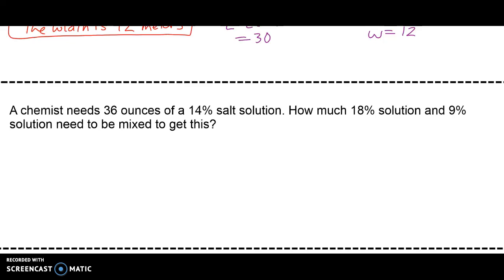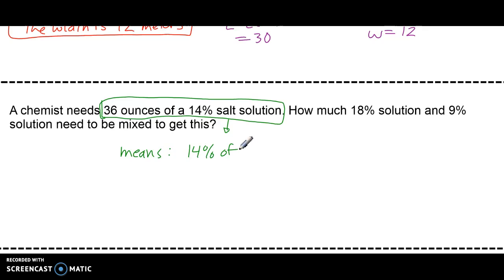So the first key idea I want to focus you on is what this means here. When we say 36 ounces of a 14% solution, what does that actually mean? Well, luckily, it means a fairly simple thing. It means 14% of the 36 ounces is, in this case, salt.